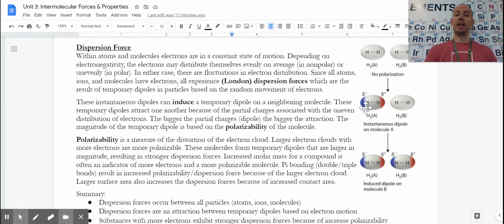So we had a random instantaneous dipole on one molecule, which induced one on another. Sometimes dispersion forces are called induced dipole to induced dipole, a temporary kind of forced charge causing another one. In that case, because I now have a negative and a positive, they stick together.